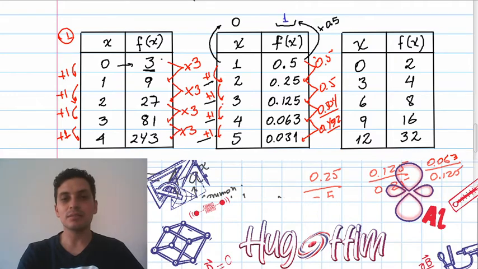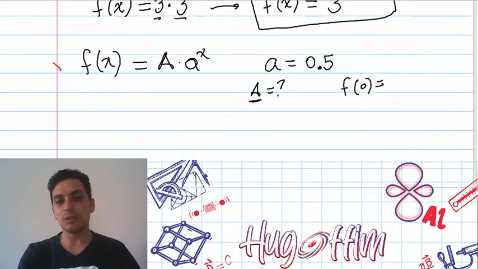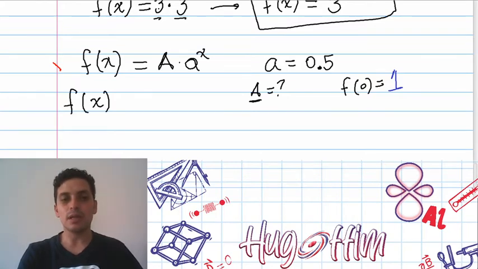Yes, it is 1. So A, the amplitude, is going to be 1. So now we have our function rule. The equation, or the function rule, will be 1, I'm not going to write 1 because I'm multiplying, times 0.5 to the x power.